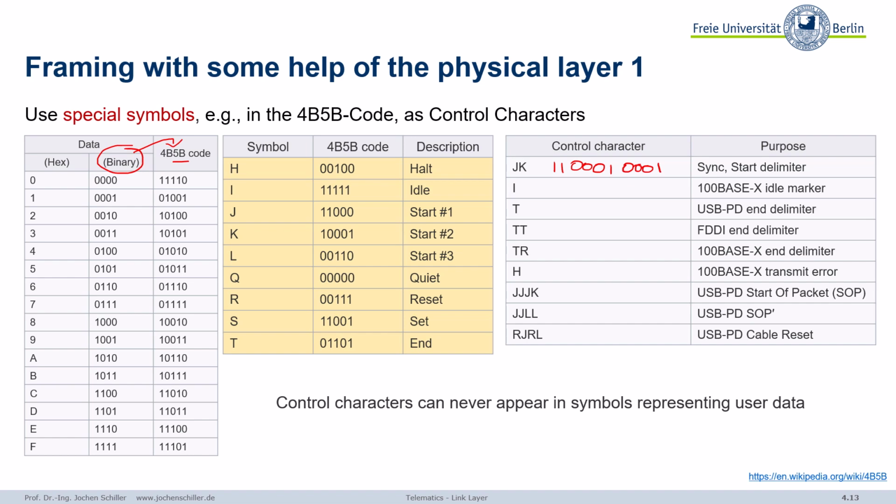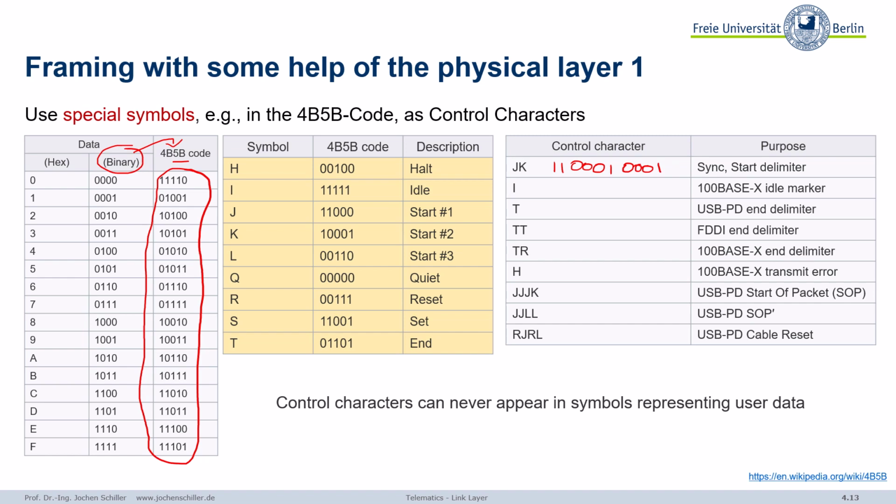And this pattern can never appear in the user data because, as we saw, for user data on the left-hand side we have this set of 16 code words. And they're different from these additional code words we can use for the start or end delimiter.